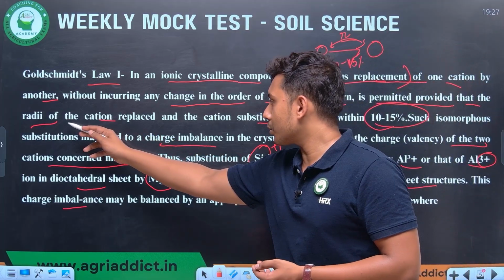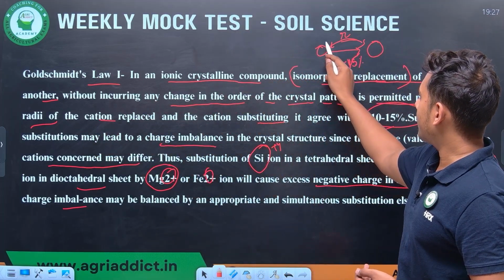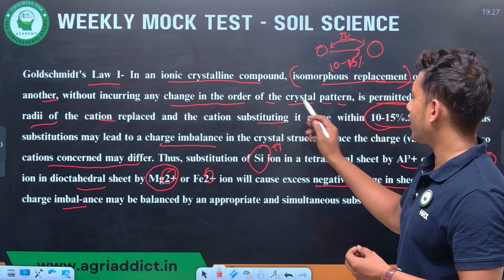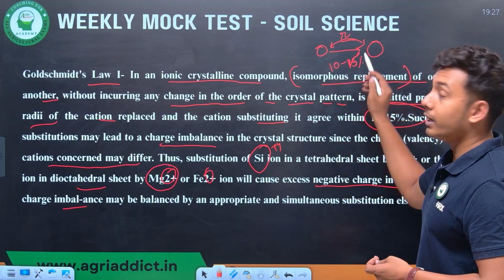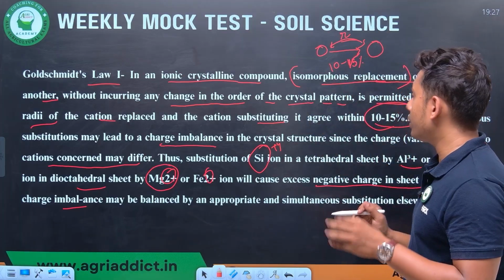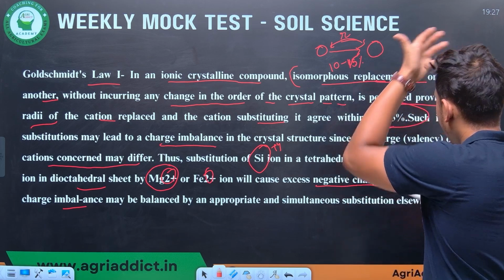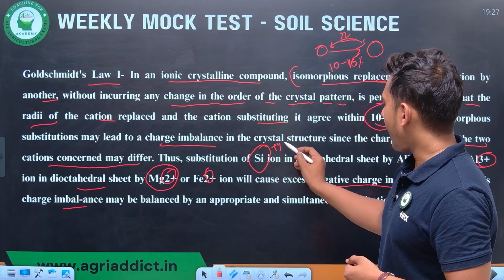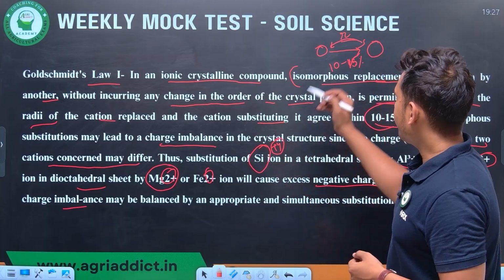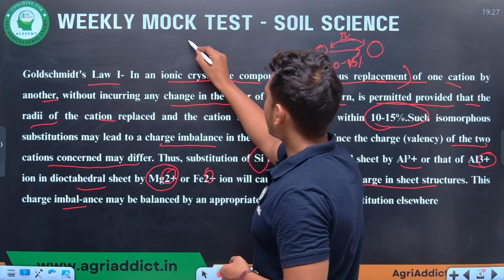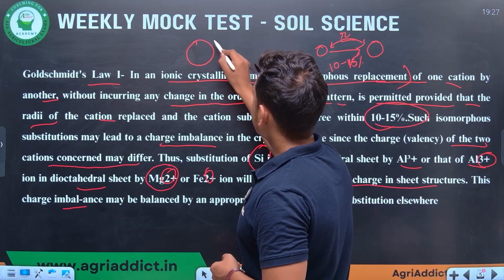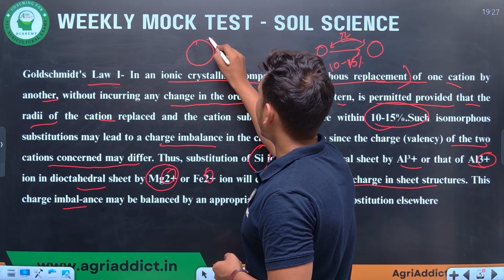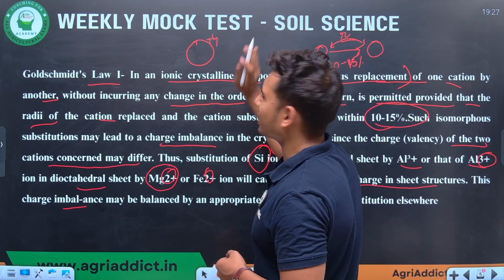The radius of the cation that is displaced and the cation that is substituting should differ by within 10 to 15%. After that, consider the substitution of a higher valent cation. Suppose in a crystal there is a higher valent cation, suppose +4 or +5.